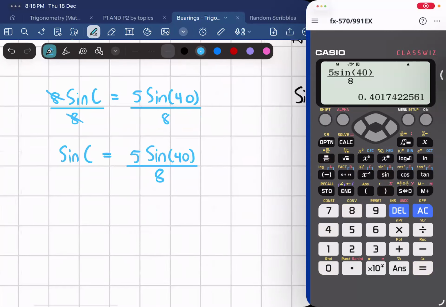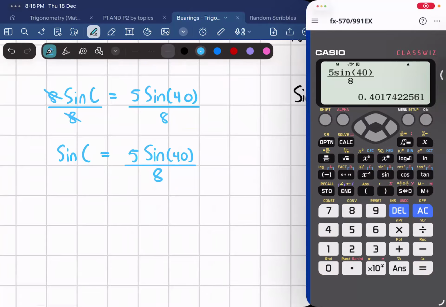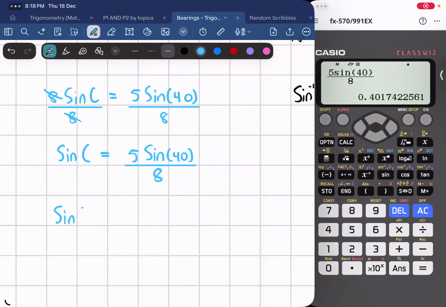And make sure your calculator is in degrees. If it's in radians, you're not going to get your answer. So I'm going to write sine C is 0.4017422561.